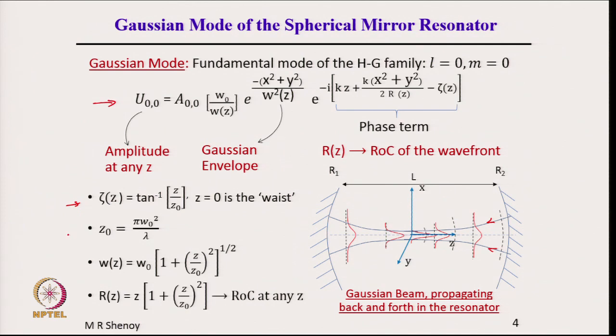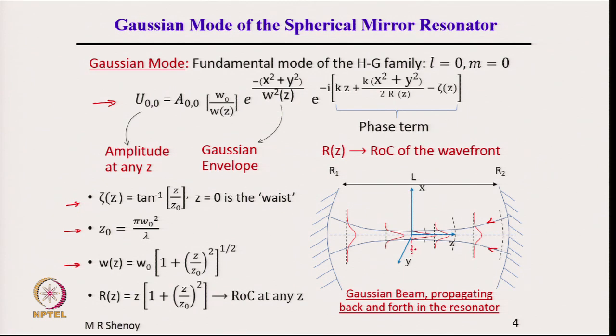Z naught is called the Rayleigh range, given by this expression pi w 0 square by lambda. W 0 is the spot size at the waist, and w of z is the spot size at any z. So, z equal to 0 is here at the waist, where the width of the beam is the smallest.